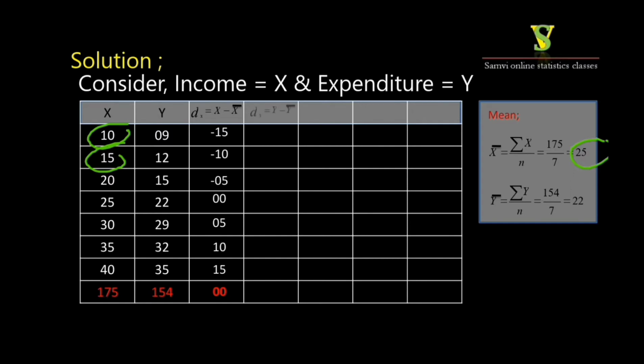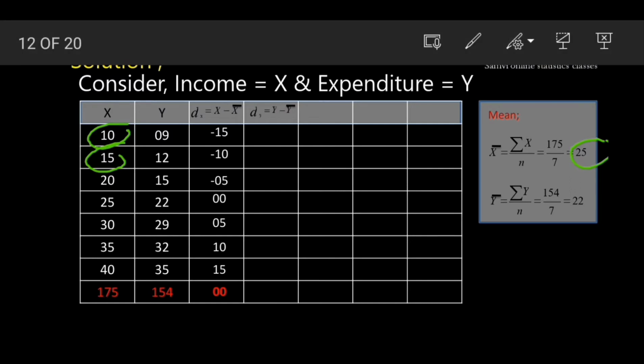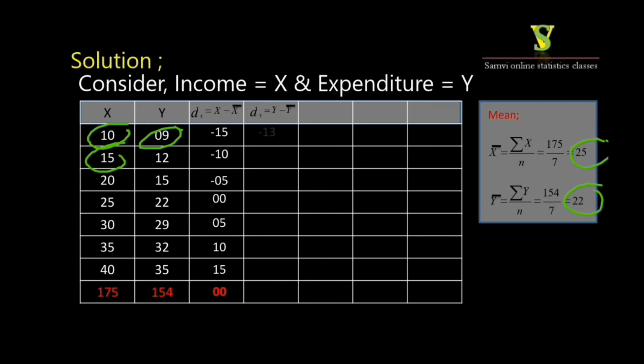Dy is y minus y bar. So y bar is already calculated, that is 22. Right. So first one, we have to calculate how. Y is 9 here and y bar is 22. So 9 minus 22 we get here minus 13.